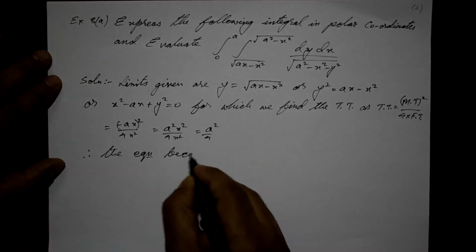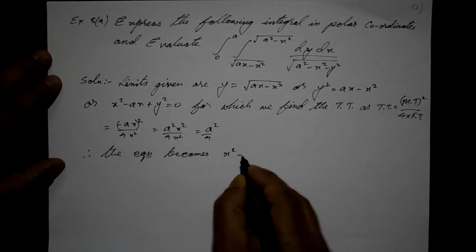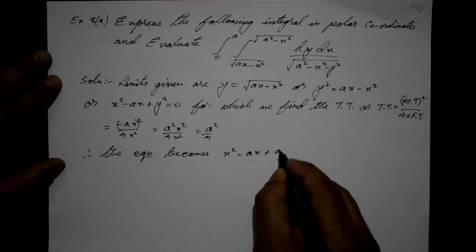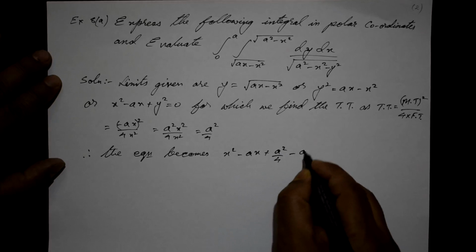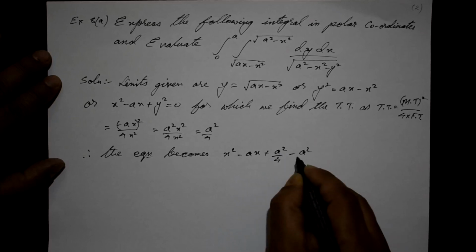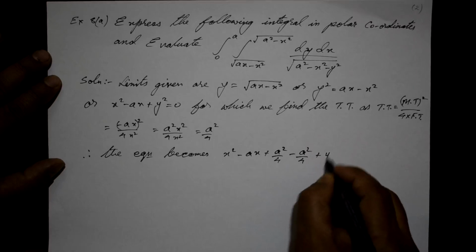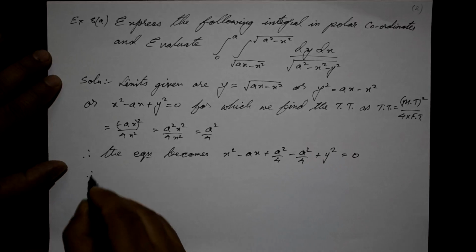Therefore, the equation becomes x square minus ax plus a square by 4, minus a square by 4. Since we have added it, we will subtract it also, plus y square is equal to 0.